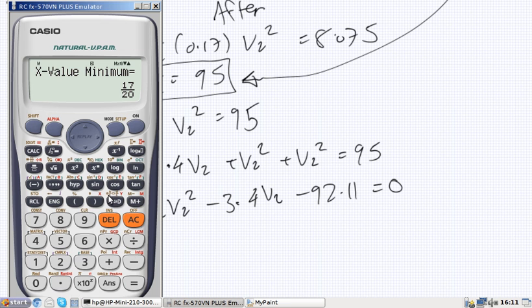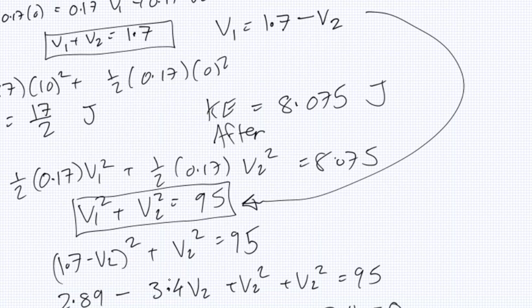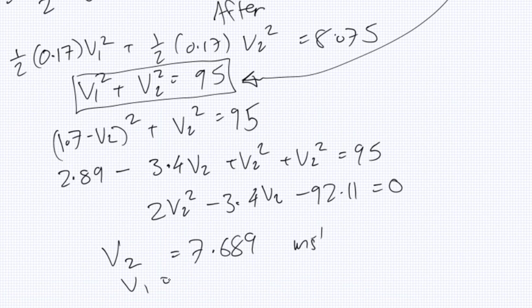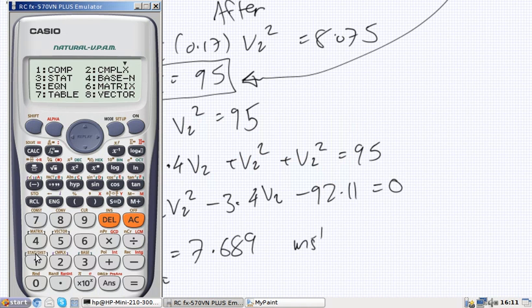The negative answer doesn't make sense, of course, because the balls can't pass through each other, so we can only take the first answer here, which is the positive answer, which is 7.689. And then the v1 would be 1.7 minus that v2 answer. So 1.7 minus that.